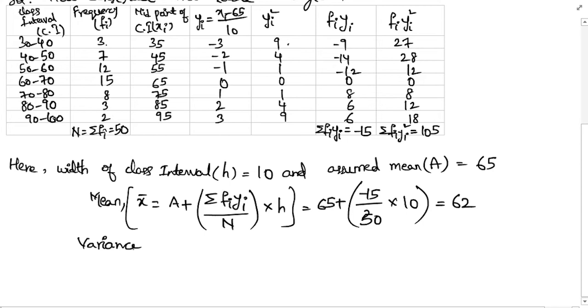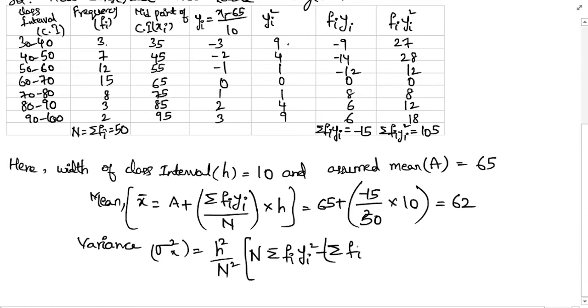Because we have to find the variance and standard deviation, first we'll find the variance, then it will be easy for us. Sigma x square is equal to h square divided by n square into n times summation of FiYi square minus summation of FiYi whole square.